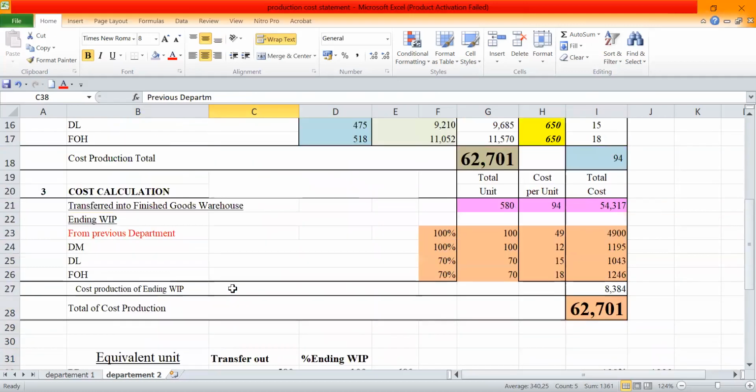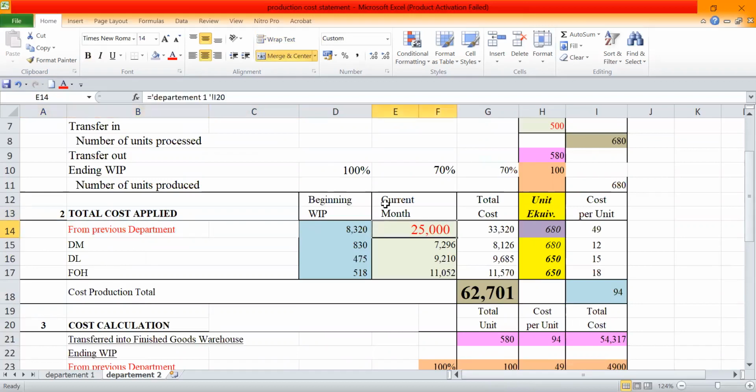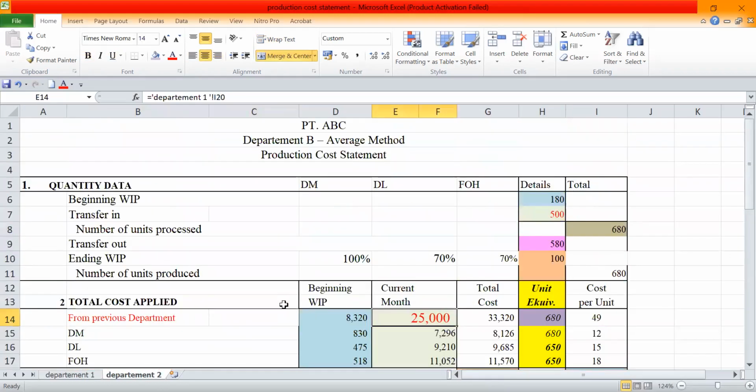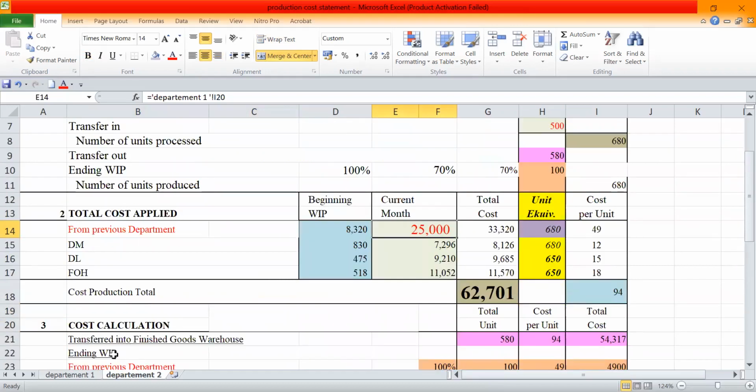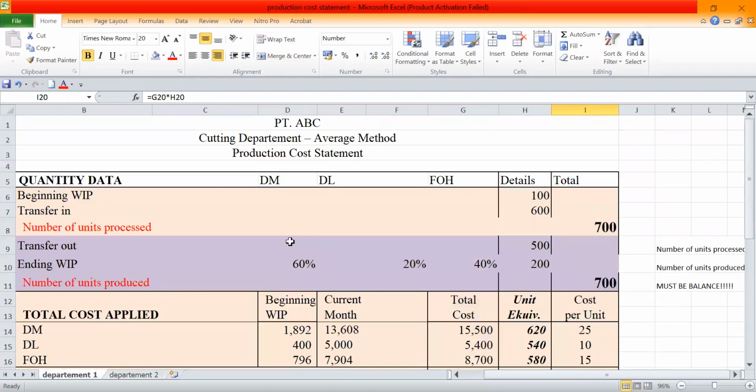And then the second difference is that in the second part, the first line is the one from the previous department. And don't forget, this number 25,000 we got from the calculation of the third part of the first department. So we cannot finish our production cost statement for the second department if we have not finished the calculation of the first department.